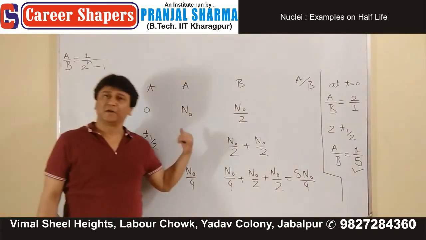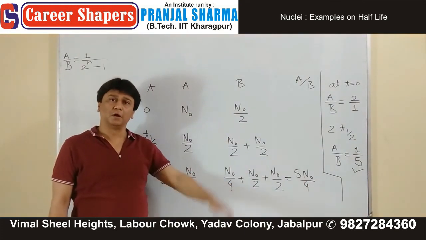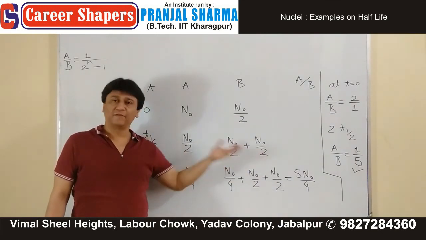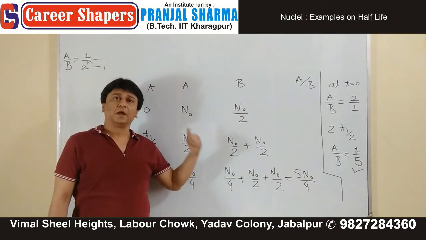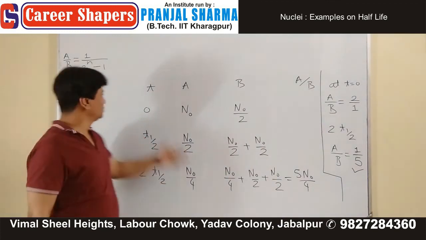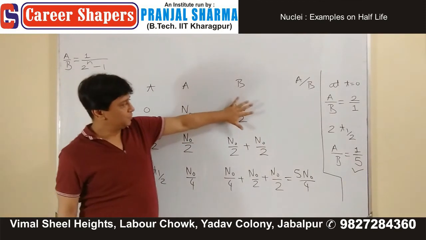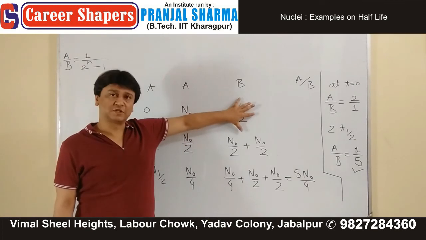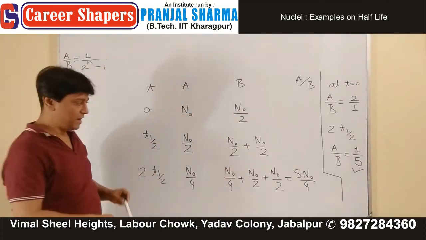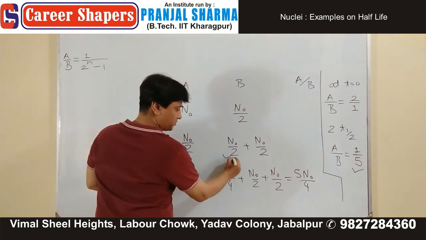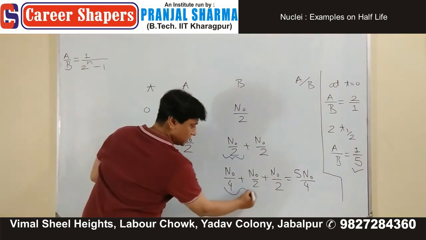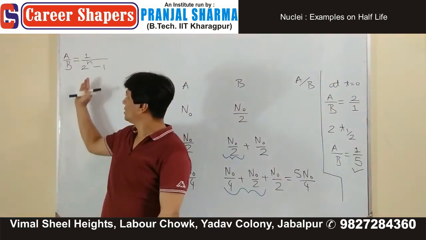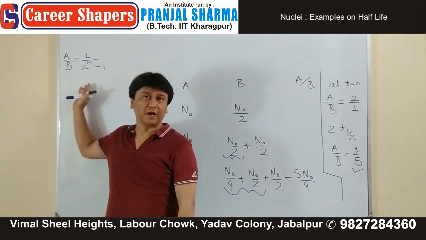So it doesn't matter if B is present initially or not, you can always use this. If you don't want to form a chart for two half-lives, you could easily do this. If they increase the number of half-lives, use the formula. Keep this B as if it's not present. Find out this part, and this part always follows this relation.